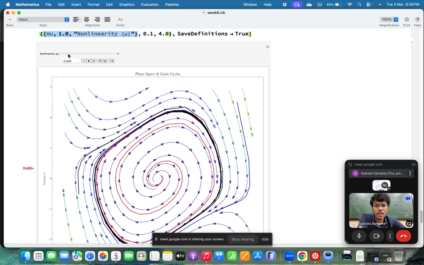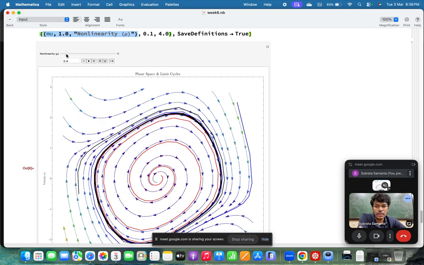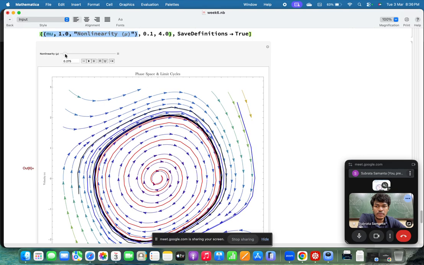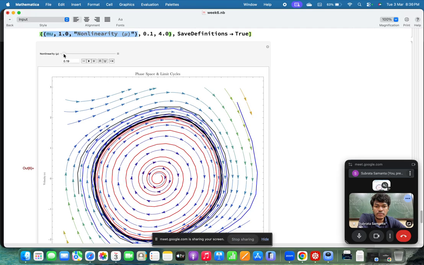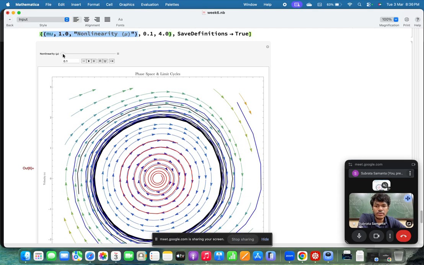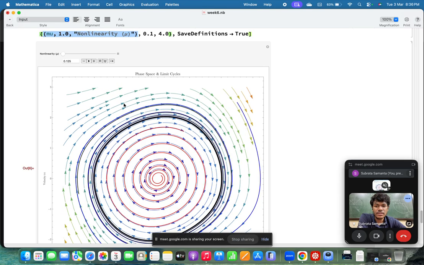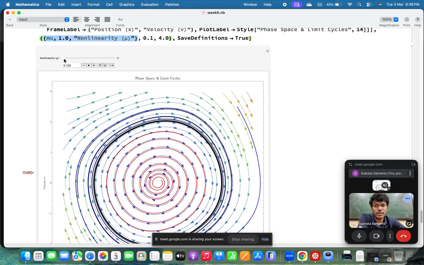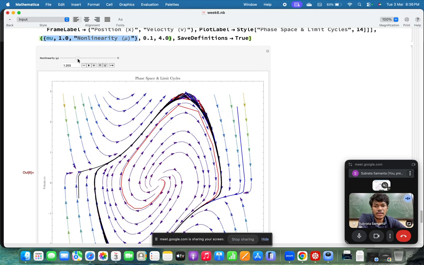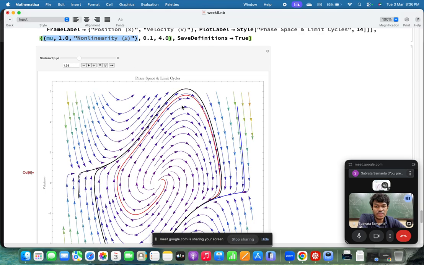But for small mu, you can see the situation changes. In this case they are not converging to one limit cycle for small mu, but at large mu we see something happens.